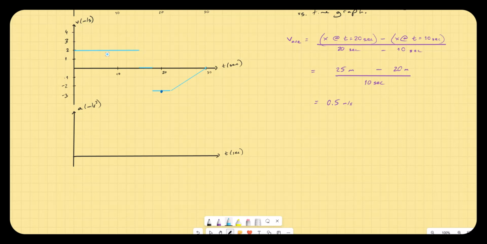If I've got a slope of 0 here, that means I'm going to get an acceleration also of 0. The other way to think about that, my velocity or my speed, whichever way you want to think of that, is not changing. It's 2 meters per second the whole way. If my acceleration is the rate of change of velocity, it's not changing, so that's it. Then from 15 to 18 seconds, I've got a flat line again. Okay, from 18 to 22 seconds, I've got a flat line again.